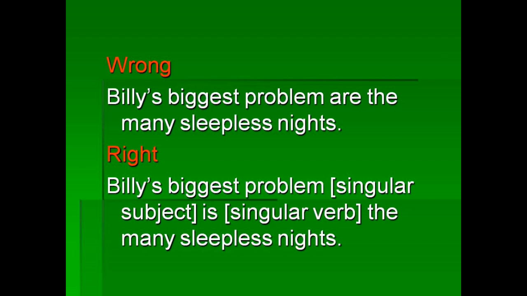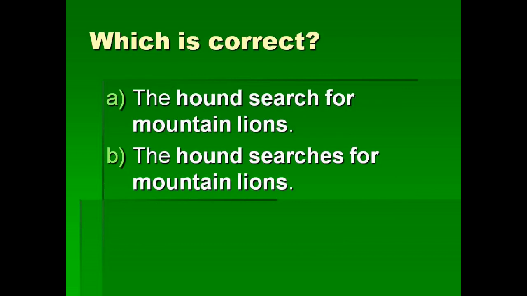So it's only one subject. If you say "Billy's biggest problem are," it's wrong. If they are problems, then you say are. But if it's a problem, we say is. So we say, "Billy's biggest problem is the many sleepless nights."